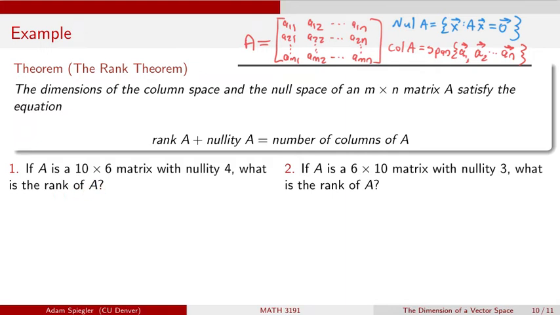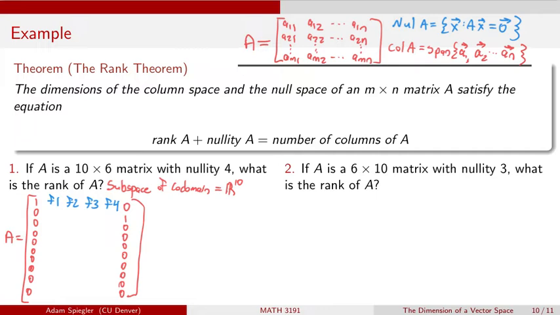And so just recall the rank of matrix A is defined as the dimension of the column space of matrix A, and that is going to be a subspace of the codomain of the matrix, which would equal the number of rows in the matrix. And our matrix A has 10 rows, so the column space of matrix A is going to be a subspace of R10. It can have dimension at most 10.